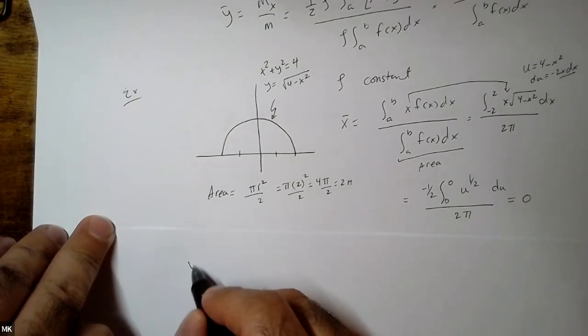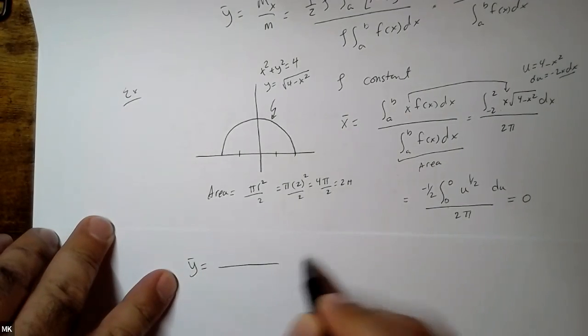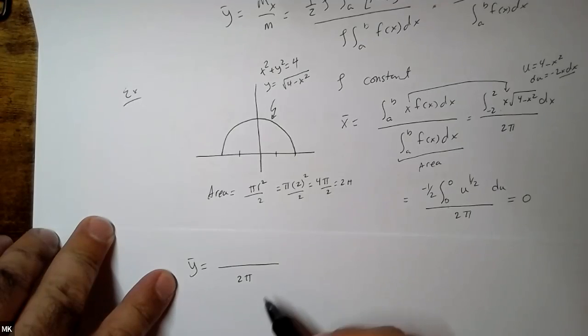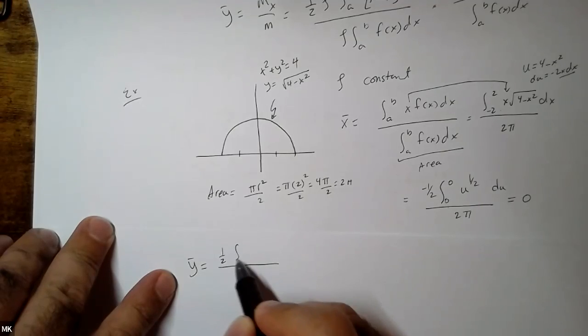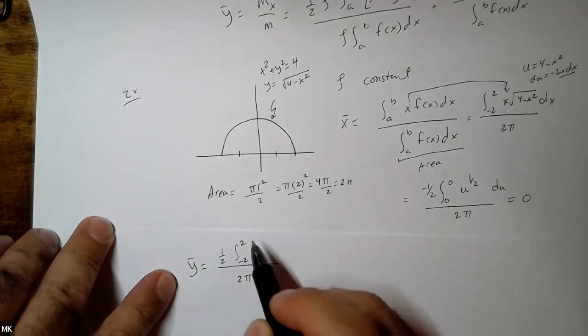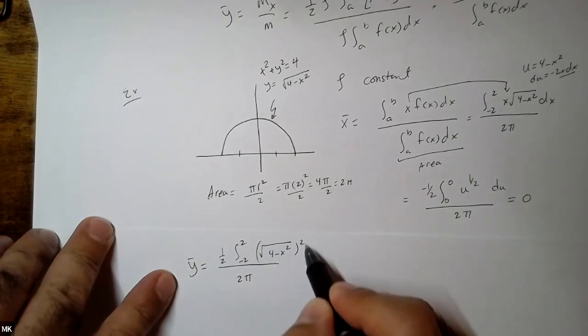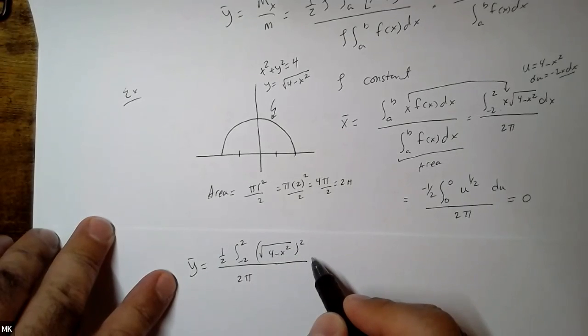For y bar, once again, my denominator is the area. The numerator is 1/2 the integral from a to b of f of x squared dx.